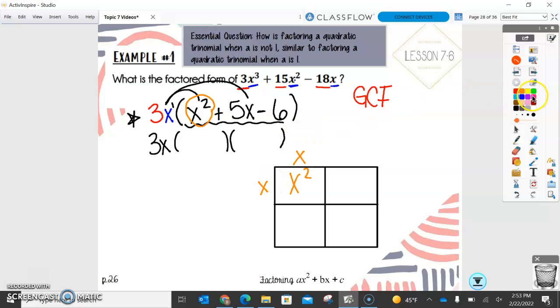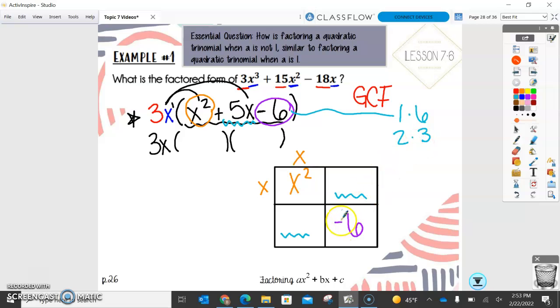And then if I have my negative 6, I'll put that in the bottom right. So I need to multiply to negative 6. I have 2 terms here, this blank one and this blank one, 2 boxes to fill that must add to 5x. And my choices come from things that multiply to negative 6. Well, what multiplies to 6? 1 times 6, or 2 times 3.